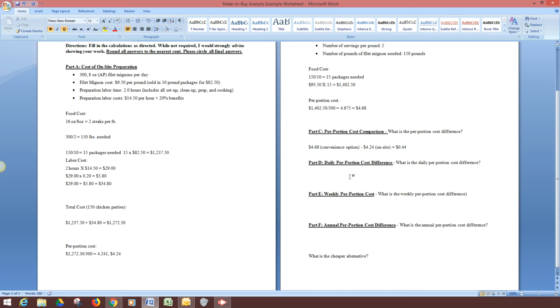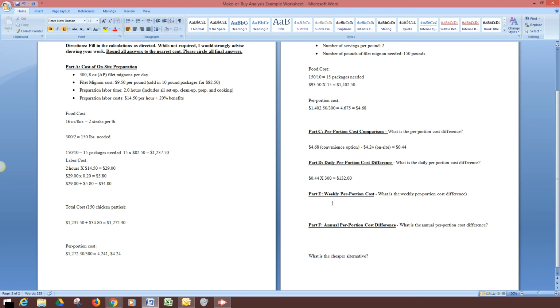So our daily per portion cost difference. If we're doing 300 portions a day at a 44-cent difference per portion, we would take our 44 cents and times it by 300, which is $132. So if we were to go with the cheaper alternative, we'd be saving $132 per day.